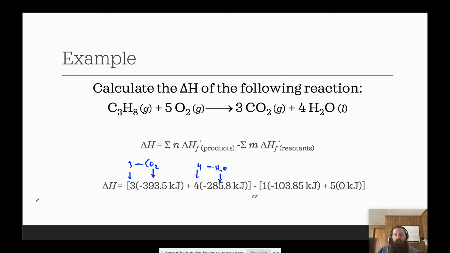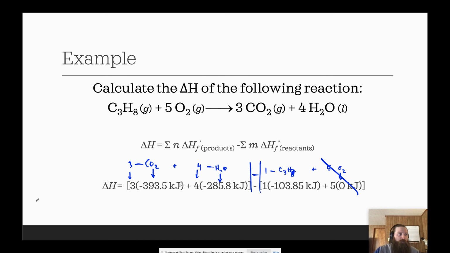So those things are married. And we're going to subtract that from 1 C3H8, and we're going to add that to 5 O2. Now look at O2. It's a 0. So this number goes to 0.